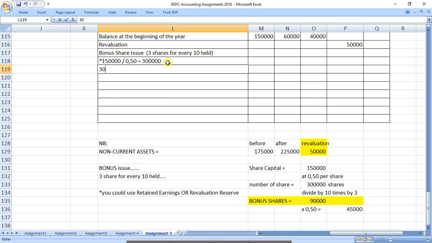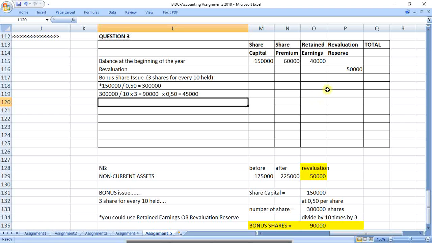Then 300,000 divided by 10 times by 3 gave us 90,000. Then we multiplied that by 0.50, which equaled 45,000. They might give you workings for that calculation, so it's worthwhile to show it just in case. So 45 is going to come out of the reserve. So on that line, minus 45,000 in brackets.